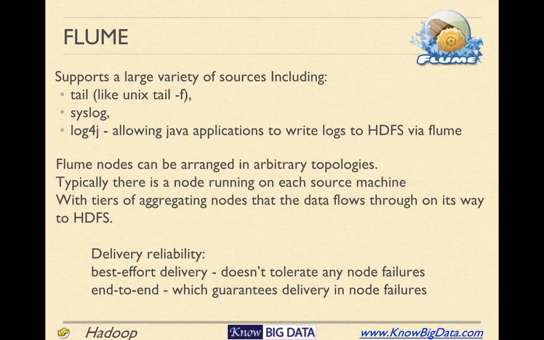So you could combine the Flume network so that the data flows from one end to another. You could create best effort delivery, meaning a delivery which does not tolerate any node failure. Also, you could create a composition which is end to end, which guarantees the delivery even if node failure is there.